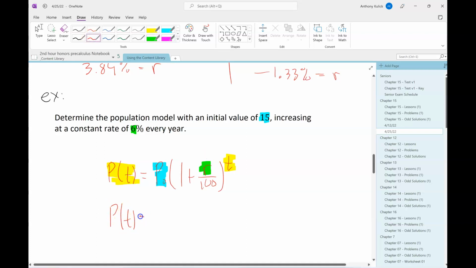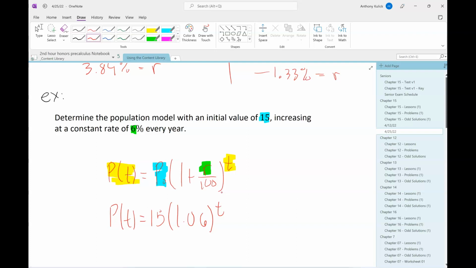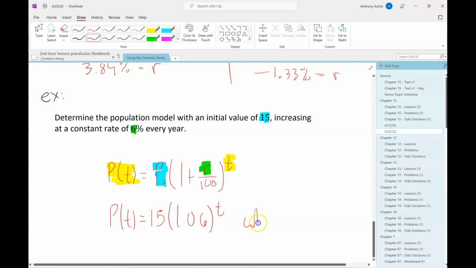So when we plug this all in, and I simplify the 1 plus 6 over 100, I get that. And I should probably be specific here and say the unit of time for t.